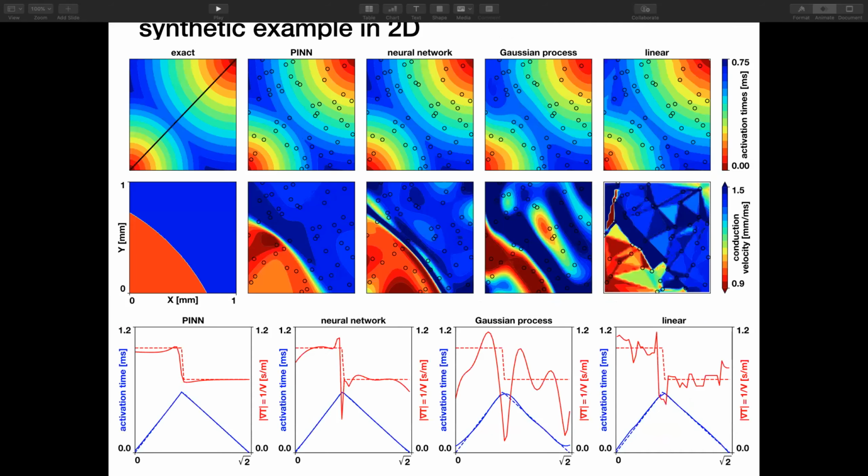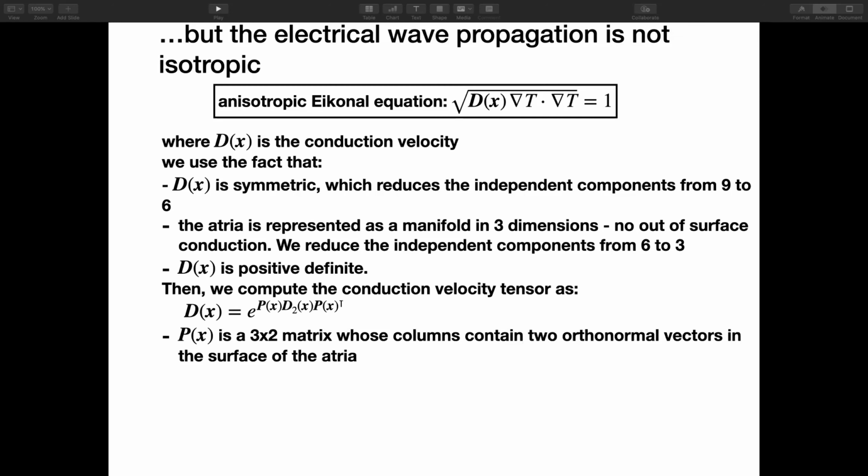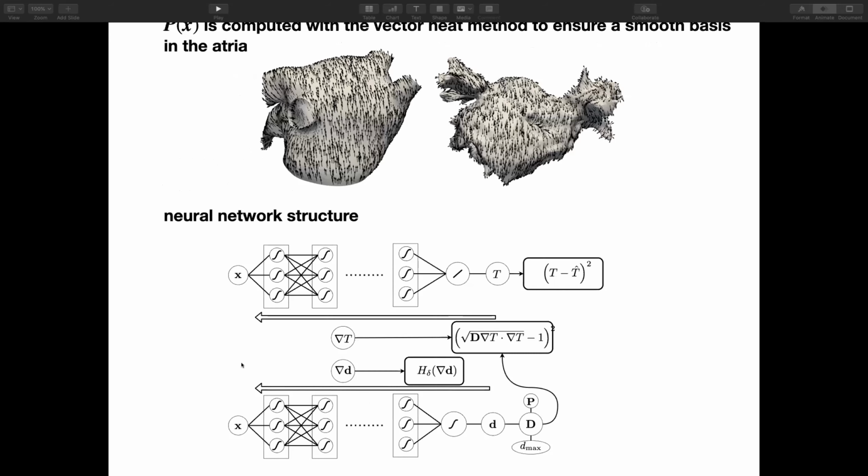Yeah, so basically we need to define a basis to project this tensor, so D2, which is a two-dimensional tensor, into 3 dimensions. And for that, we need to create a local reference system in the atria. And that's where this matrix P comes in. So we have many ways of doing that. But what makes sense is to use something that is smooth.